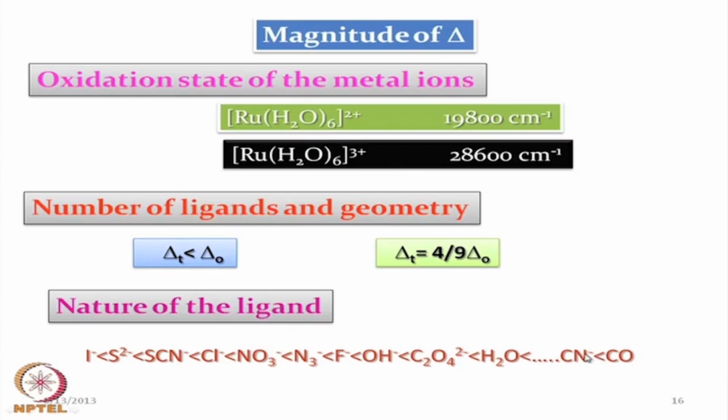Though CN minus has a charge, the neutral CO will have a better effect in terms of splitting. So CO will be considered the strongest possible ligand in the spectrochemical series compared to CN minus.